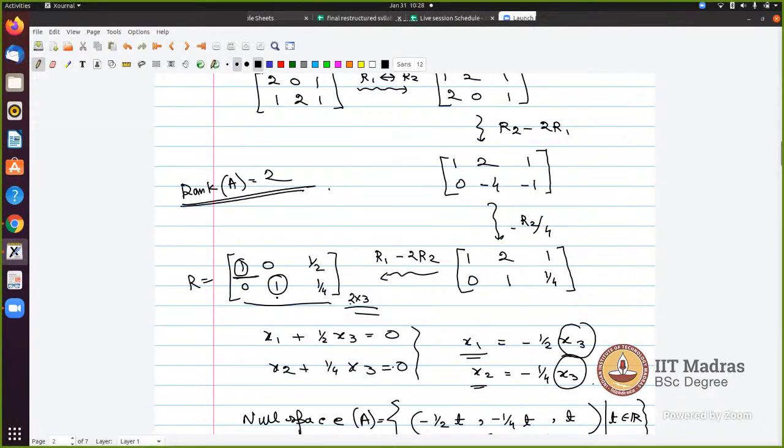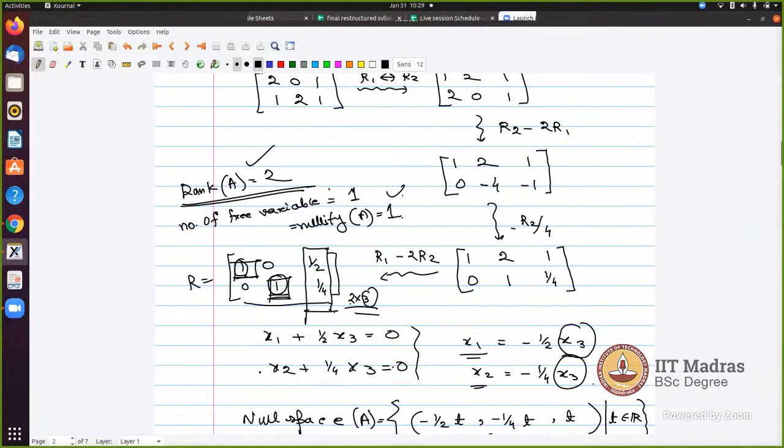You can see there are 2 dependent variables because at those 2 places there are pivot elements. For this column, there is no pivot element, so the number of free or independent variables is 1, and that is your nullity. We have already seen that. And rank plus nullity is 3, which is your number of columns. Is it okay? Yes, sir.